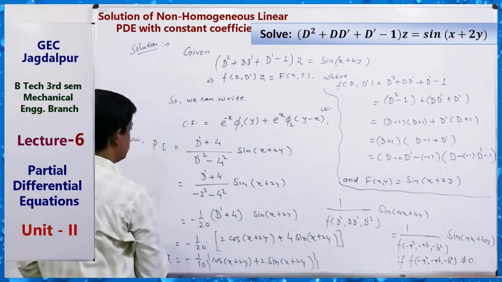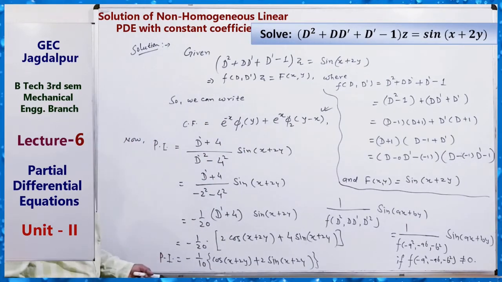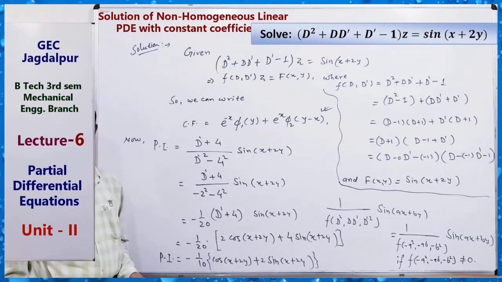This is CF, this is PI. So the solution is CF plus PI. Clear?